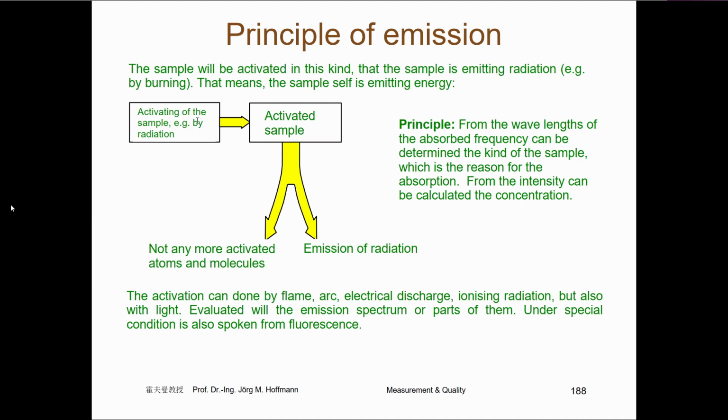Every material has one or more resonance frequencies, and you can activate this, for example, also with a high current, so that you get a spark. From the flashlight of this spark, you can analyze what kinds of wavelengths are in it. That is often used for the analysis of the content of different kinds of metals.